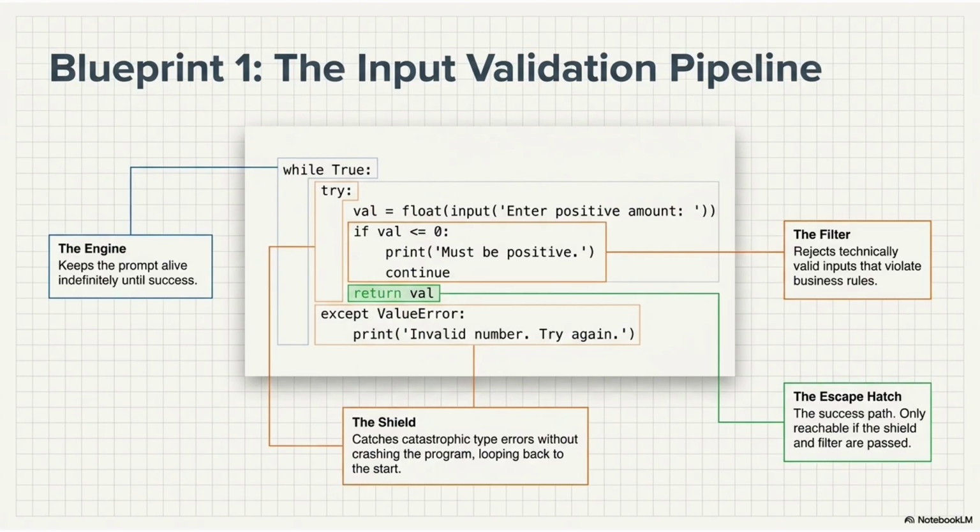The filter, if the value is less than or equal to 0, print must be positive. Continue. This rejects technically valid numbers that violate business rules, catching the case where a user enters 0 or a negative amount.